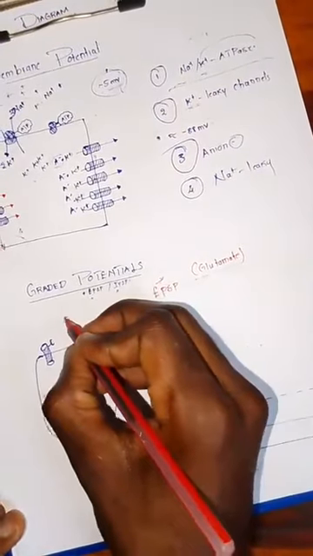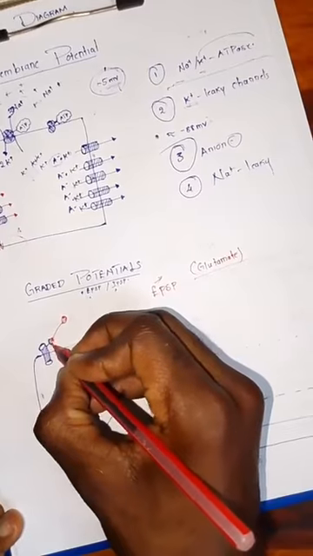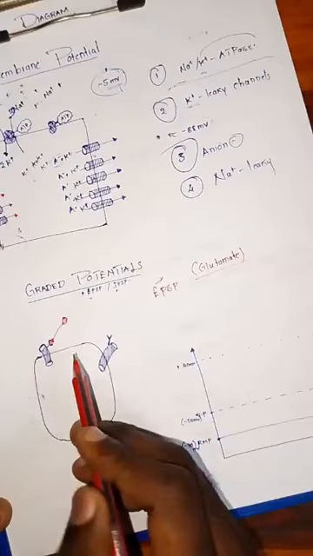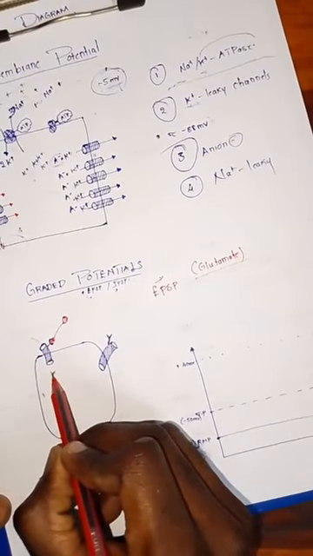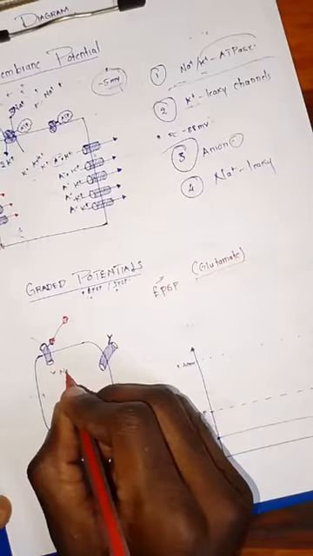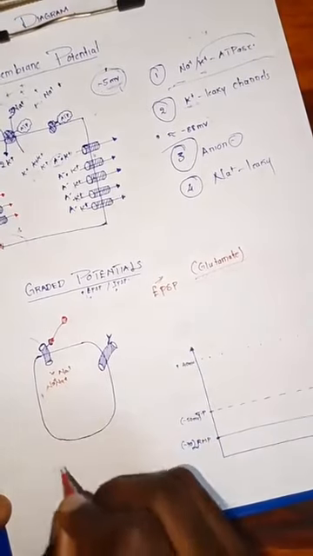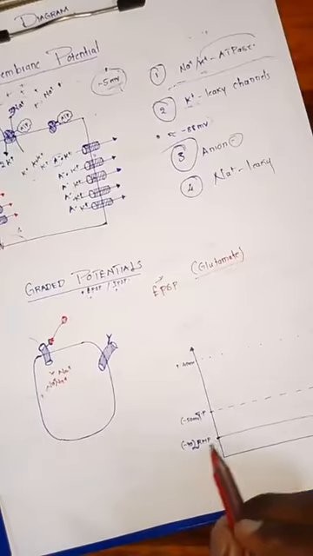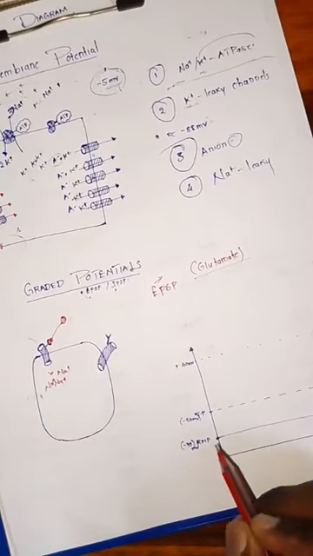When that excitatory neurotransmitter comes in and binds to its receptor on this channel that we are seeing here, the channel will allow the influx of cations such as sodium. When sodium flows into the cell, the cell's resting membrane potential is going to start increasing, moving towards 0.